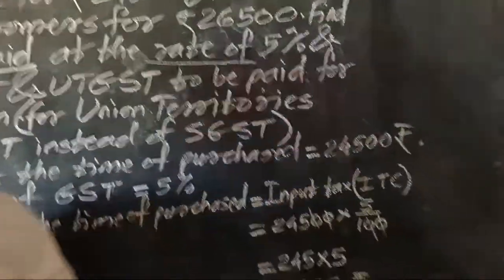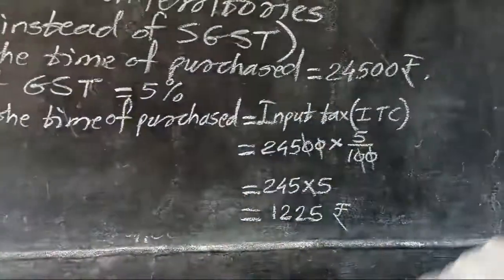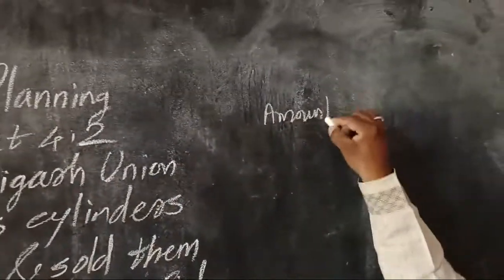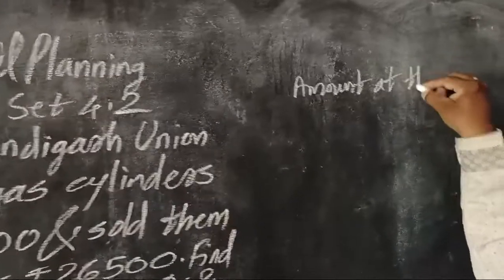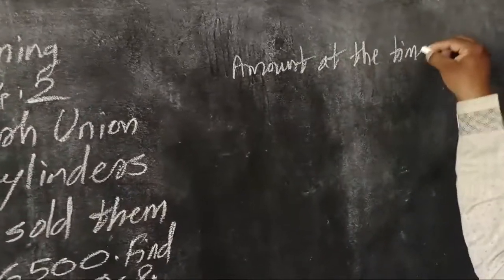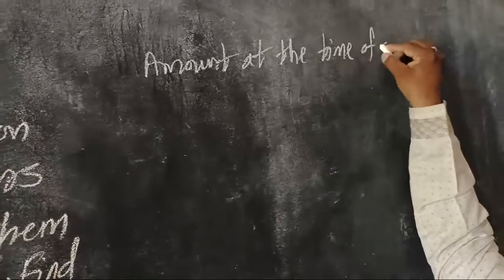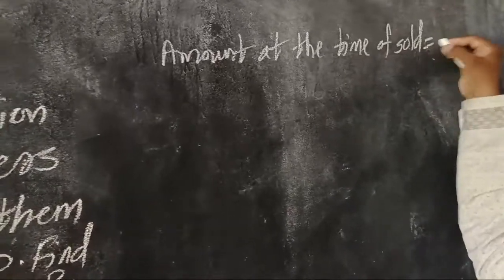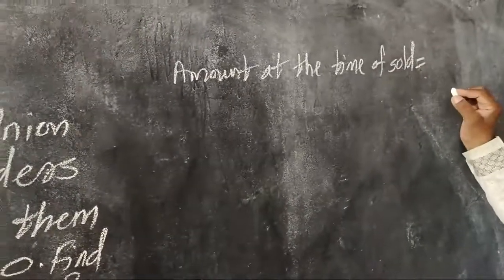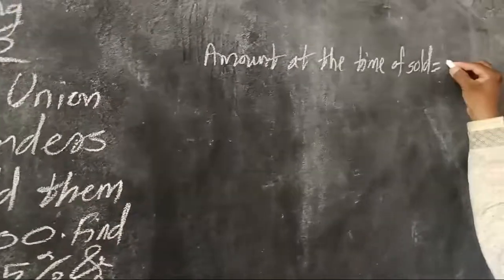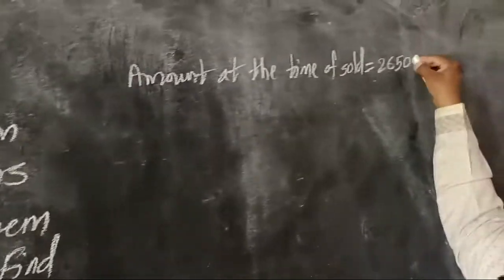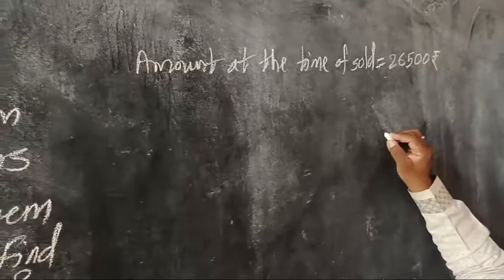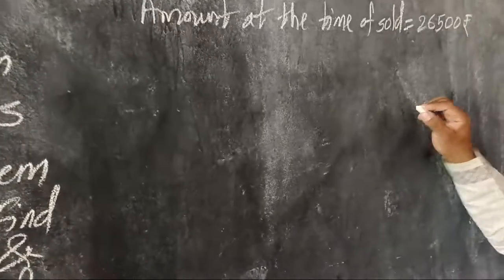Good. Here the amount at the time of sold is equal to 26,500. Yes, correct.